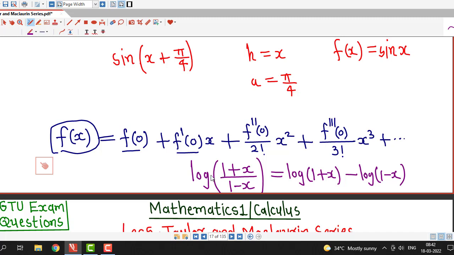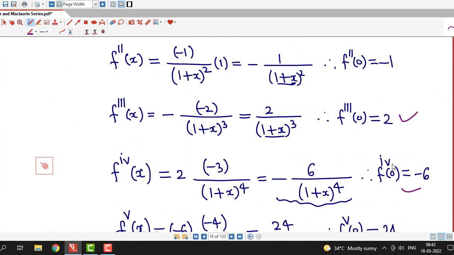Using the property of logarithmic function, we can write log (1 plus x) by (1 minus x) as difference of log 1 plus x and log 1 minus x. Now we have obtained the Maclaurin series of this log 1 plus x. So using that Maclaurin series, we can write the Maclaurin series of log 1 minus x, and then we will take the difference of these two series.